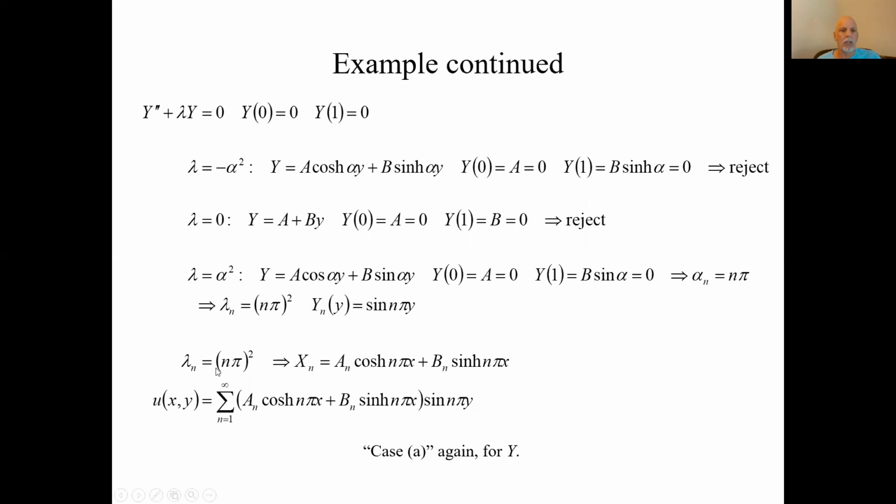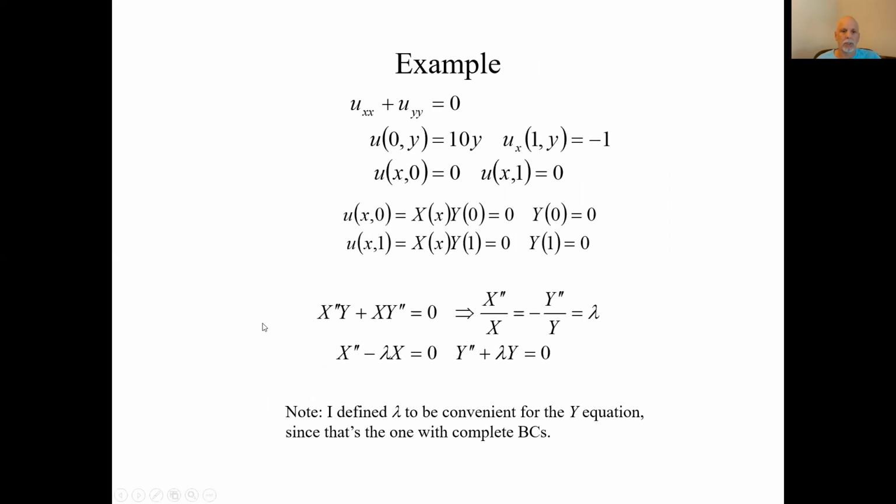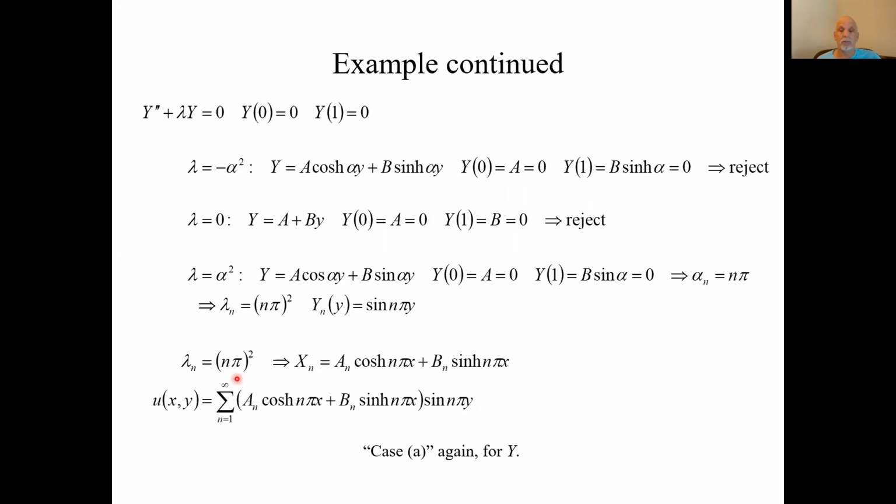And when you do that, you get these eigenvalues and these eigenfunctions for the y equation. Then we have to use the same eigenvalues for the x equation. Here was the x equation with a negative sign, so it has positive lambda. So the x solution is this mix of cosh and sinh.